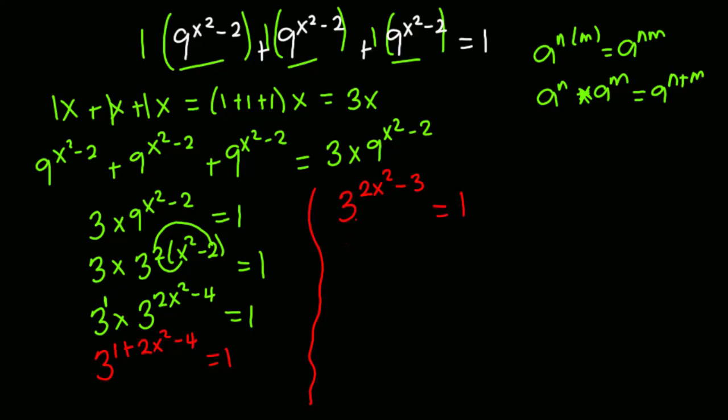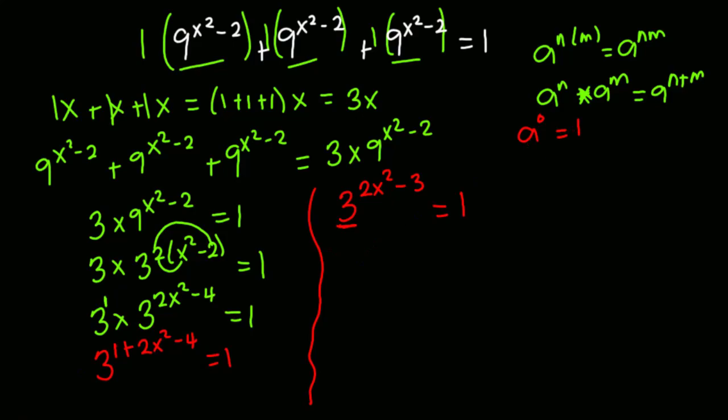Now because the base of this is 3, we are supposed to find a way of writing 1 such that it will also have a base of 3. Now we should know that generally any number exponent 0 is equal to 1. So over here I can make 1 to have a base of 3, but the exponent will be 0, because any number exponent 0 is equal to 1.